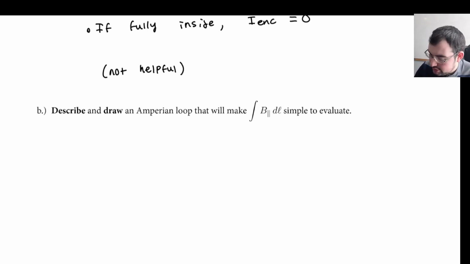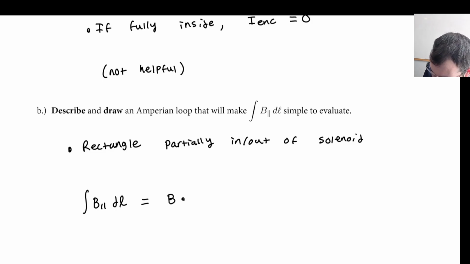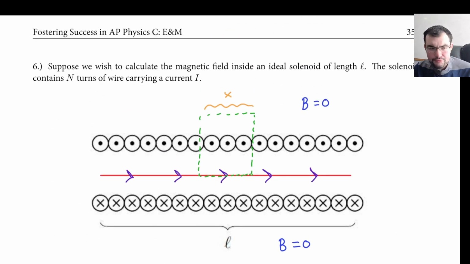So we're going to pick a rectangle partially in and out of the solenoid. And this is nice because this turns our circulation into B times x, because the other three sides are 0.